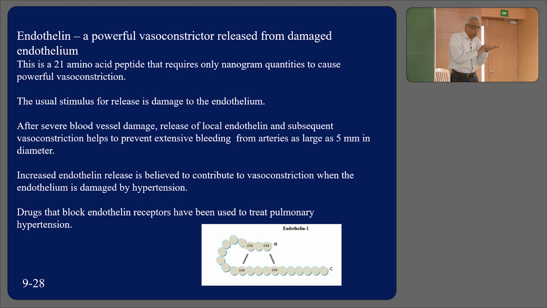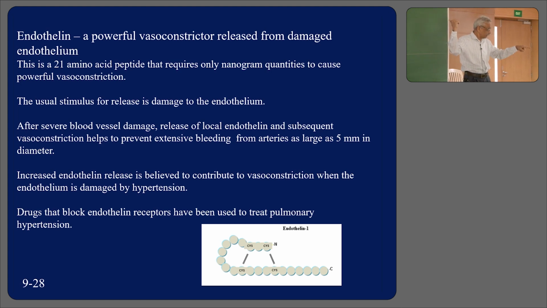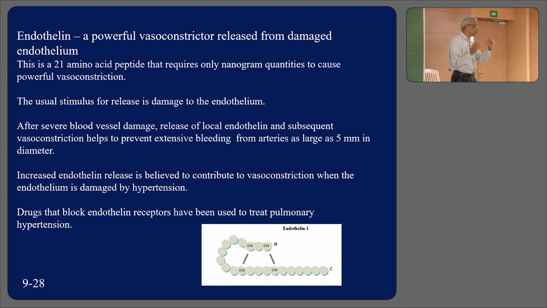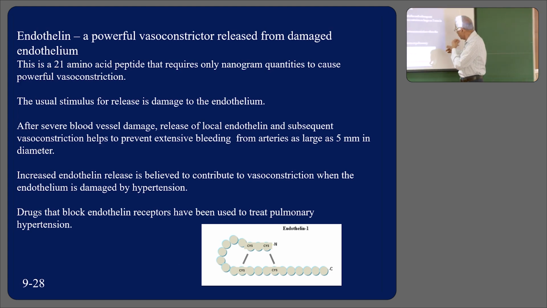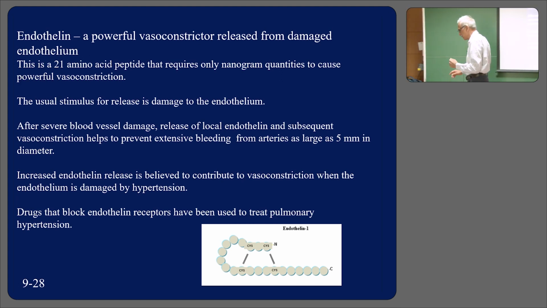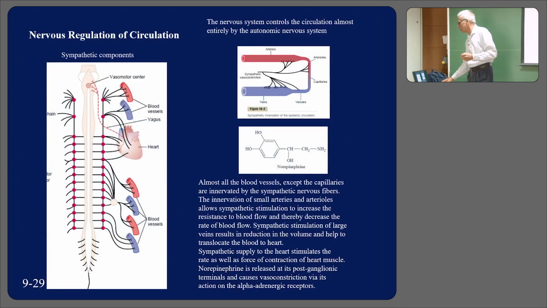To stop that loss of blood, a hormone is released from the endothelium cells, therefore the name endothelin, and it constricts the tiny blood vessels, not the large ones. What is the aim? If the blood vessels constrict, you will prevent the loss. So this is yet another peptide substance which plays an interesting role.